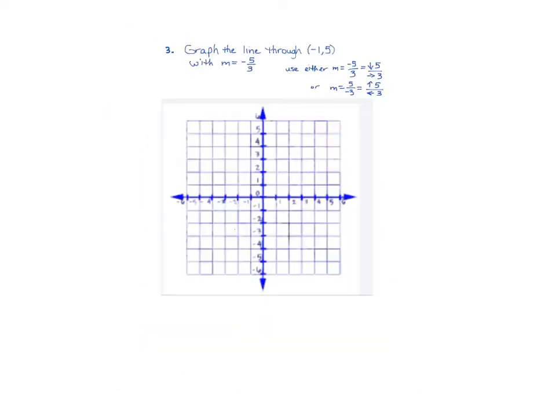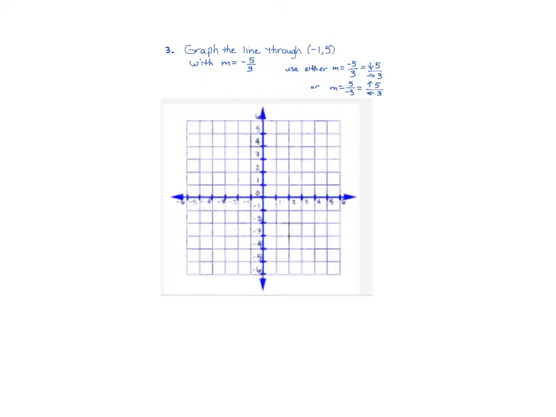Now, another way that you can graph, let's say they don't give you an equation, but they just give you a random ordered pair and the slope. Realize that you can graph a line if you know that point and just move the slope from that point.